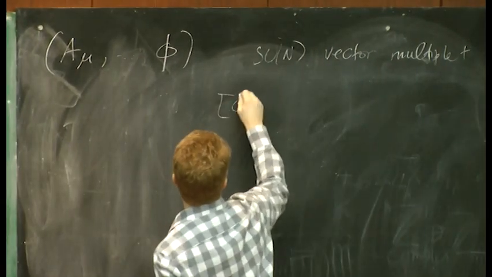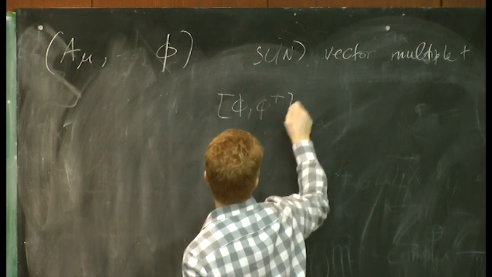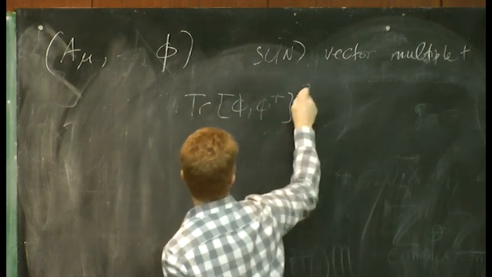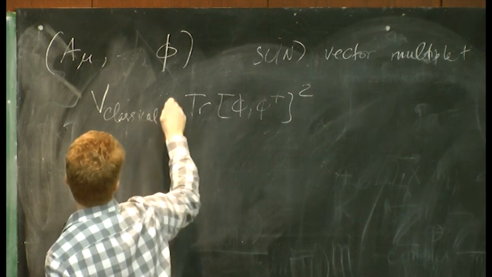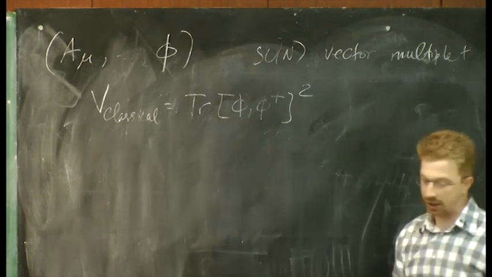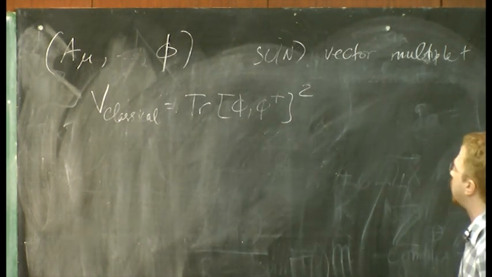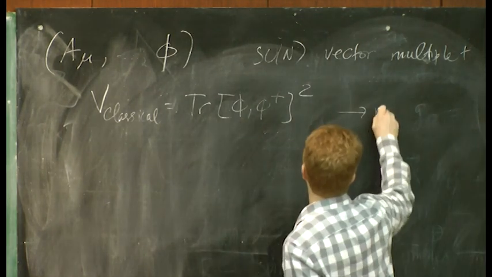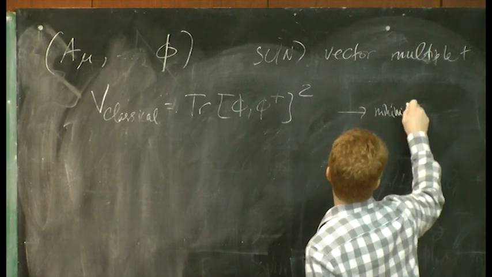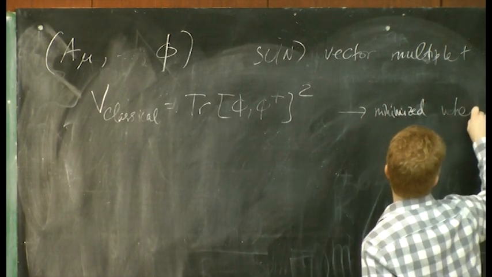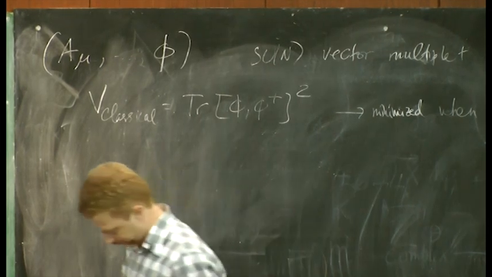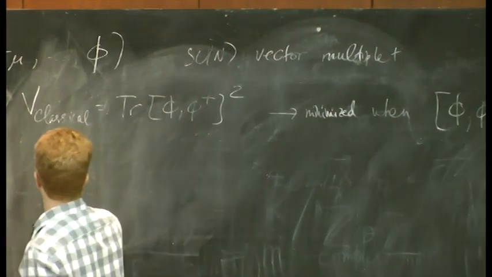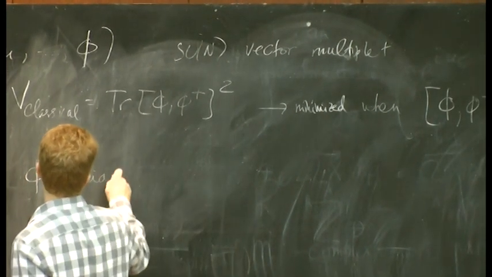There's a term in the Lagrangian which is the trace of the commutator of this complex scalar with its conjugate. So it is minimized classically when phi commutes with its conjugate. And so it means that you can diagonalize it by a gauge transformation.